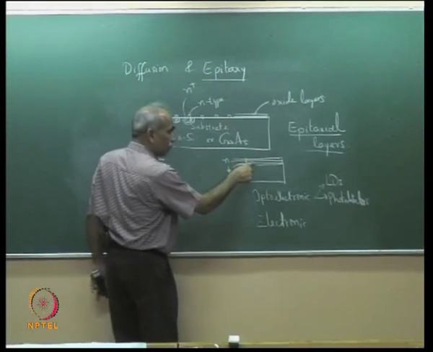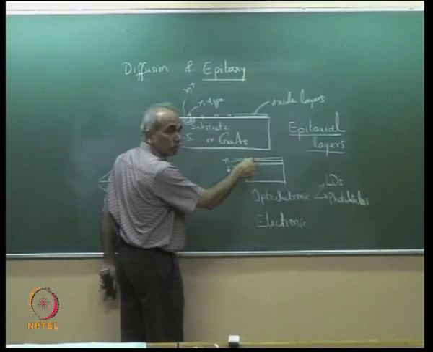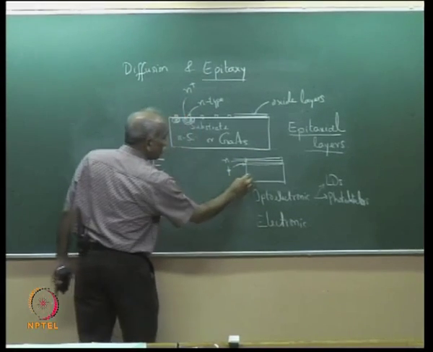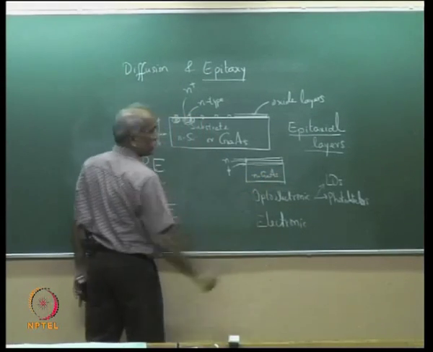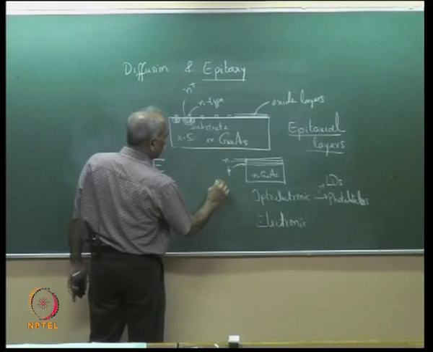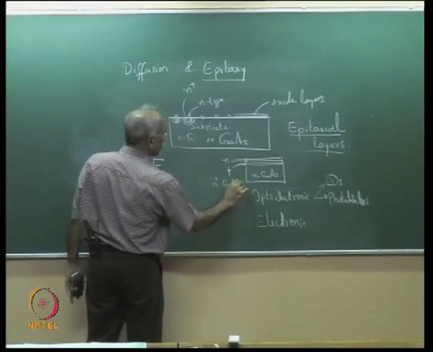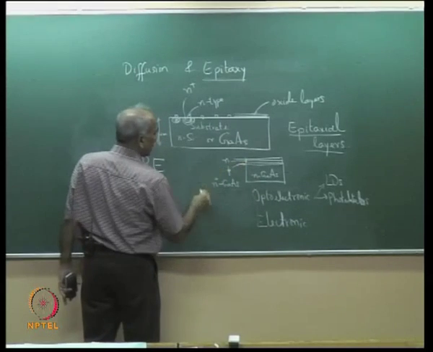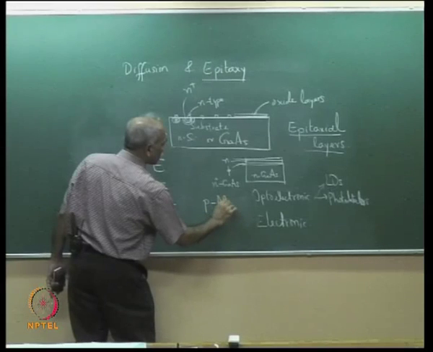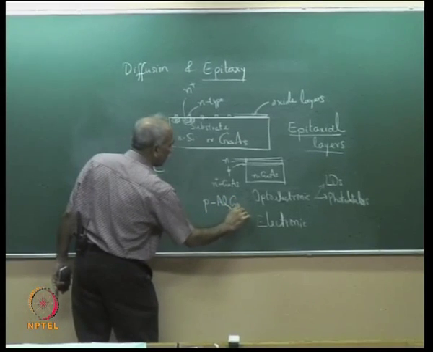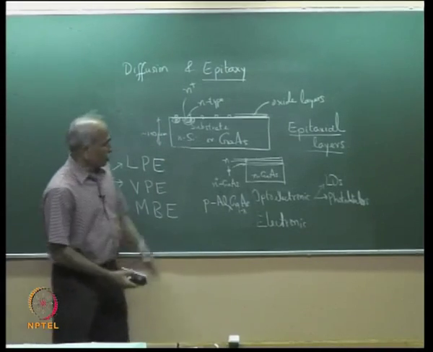You can also deposit materials with different composition. That is, you start with n gallium arsenide here, and the first layer could be n plus gallium arsenide. The second layer could be p type aluminum gallium arsenide, AlxGa1-xAs, and so on.